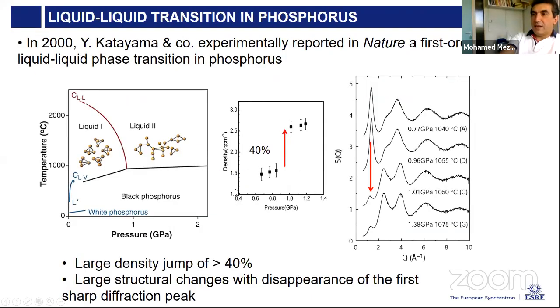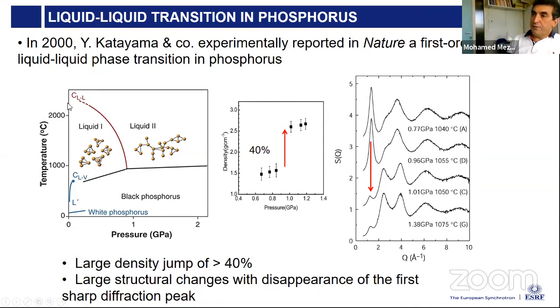Okay, but things have changed since the 60s. A lot of work has been performed, but to make a very long story short, I would mention only one great result that was published in 2000 by Katayama et al., where they performed absorption and diffraction experiments at SPring-8. And this was actually reported in Nature.